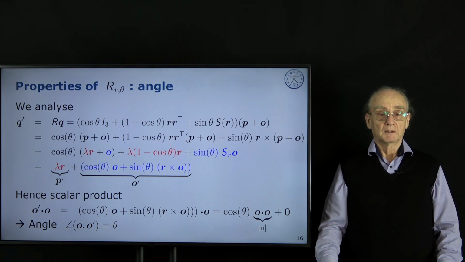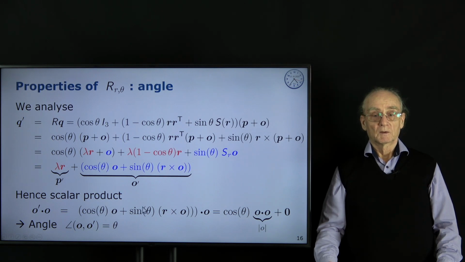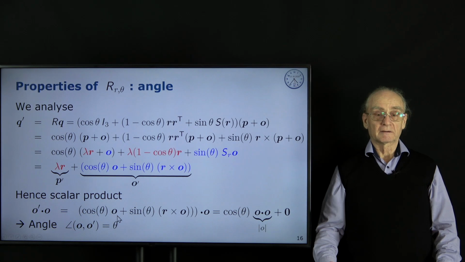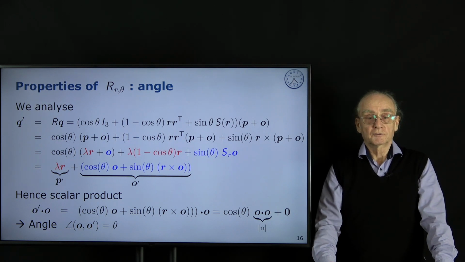That is o prime. Now we take this part and want to know what is the angle between o prime and o. So we just take the dot product between o prime and o. So we take this expression here and make the dot product. So the first part is cosine theta multiplied with the dot product of o and o. That's the squared length of o, the vector with itself. So we have this expression.